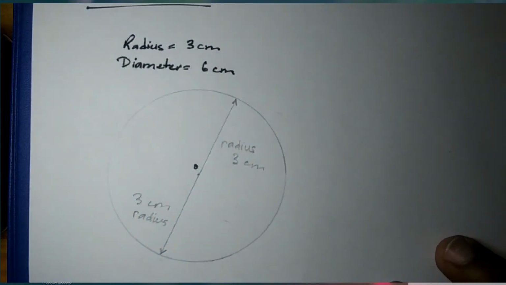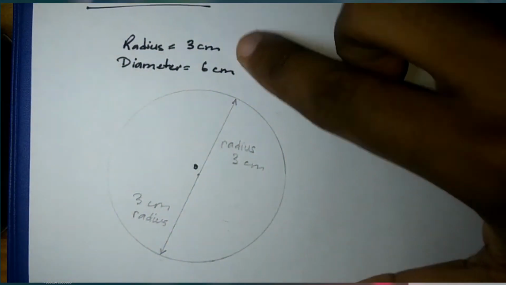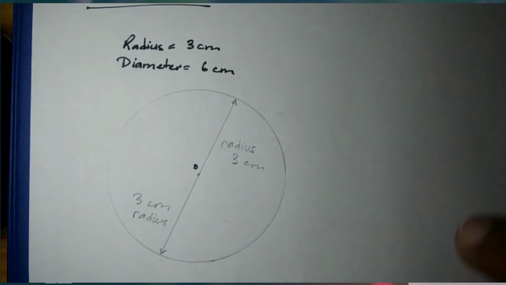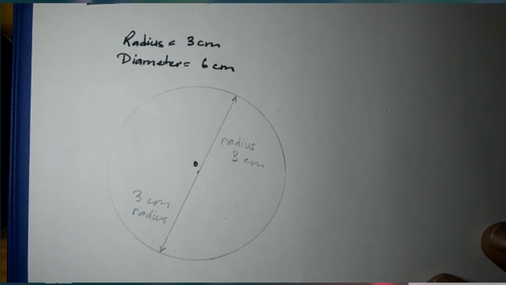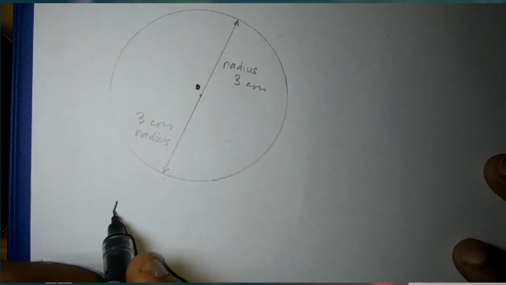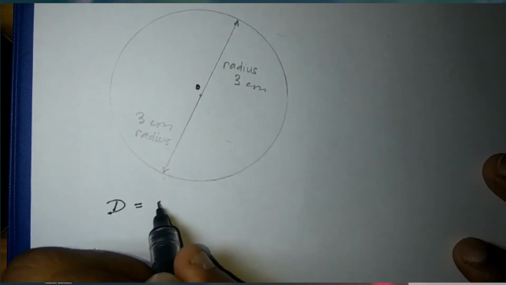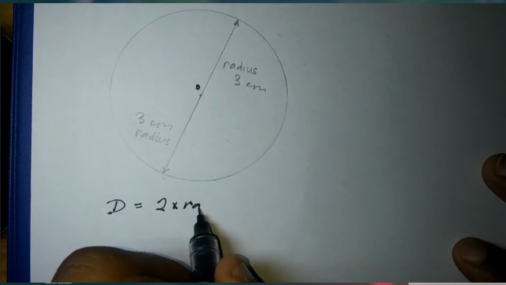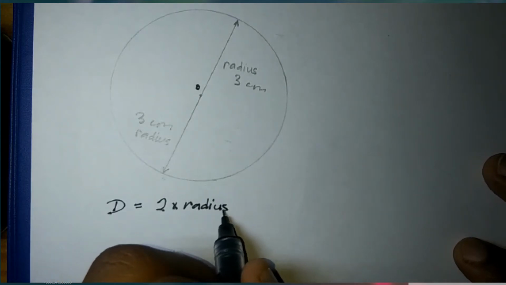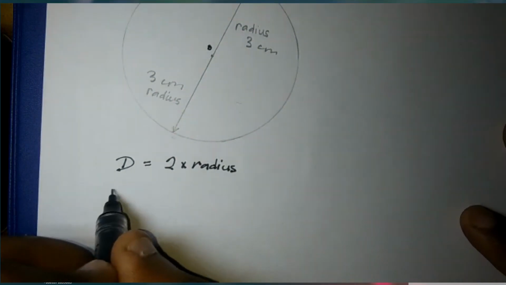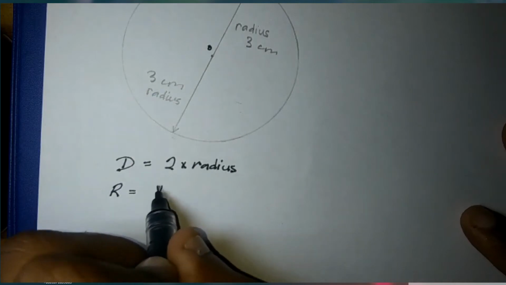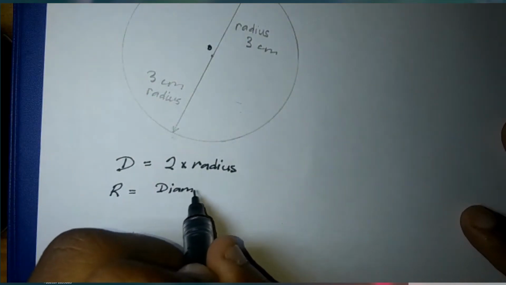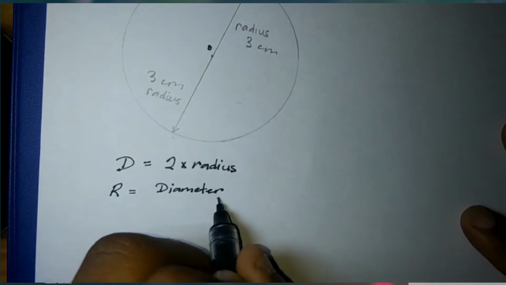So we say that the diameter is 2 times the radius, or the radius is a half of the diameter. Let me write that down. So the diameter is equal to 2 times the radius, or the radius is equal to the diameter divided by 2.